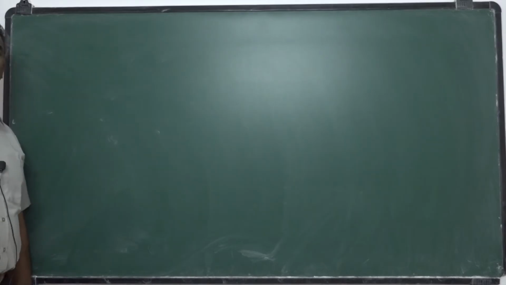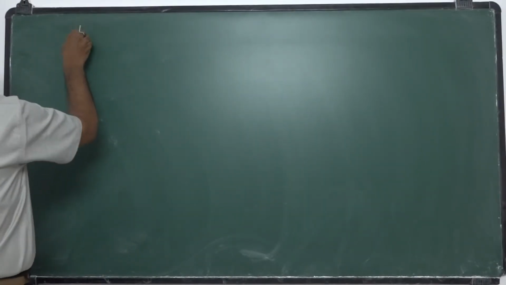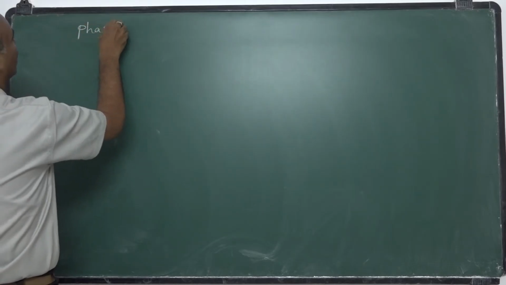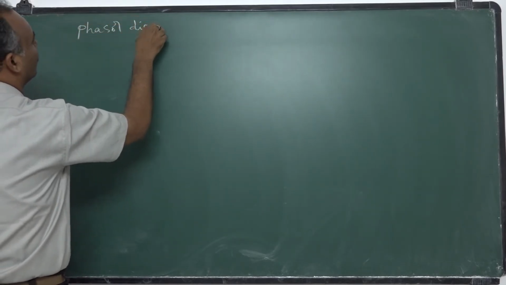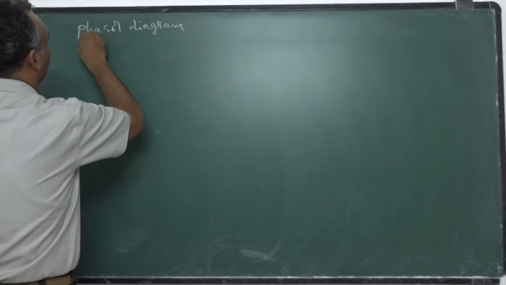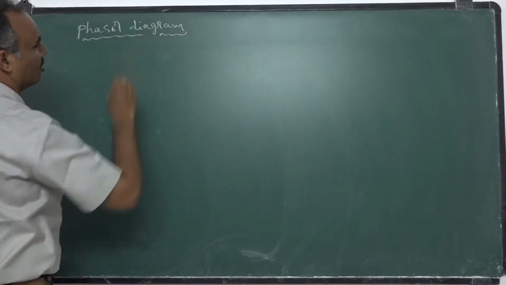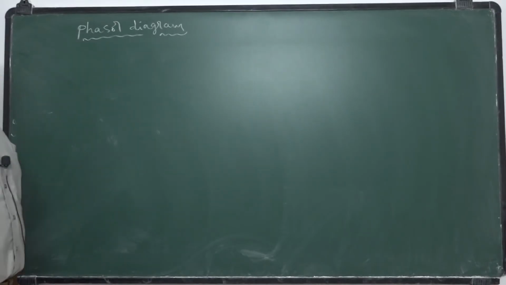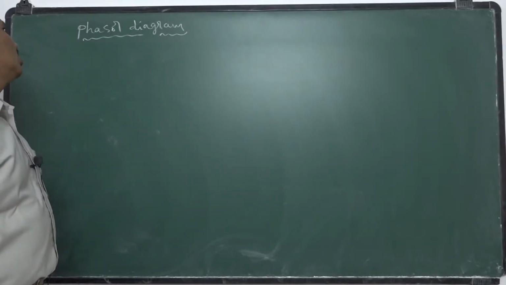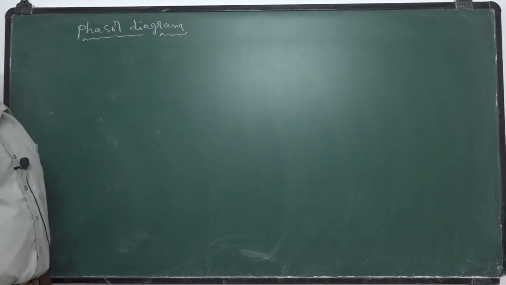Today let us learn a new concept called phasor diagram. In order to understand the behavior of alternating current with various elements like capacitor, inductor and resistor, we require the knowledge of phasor diagram.